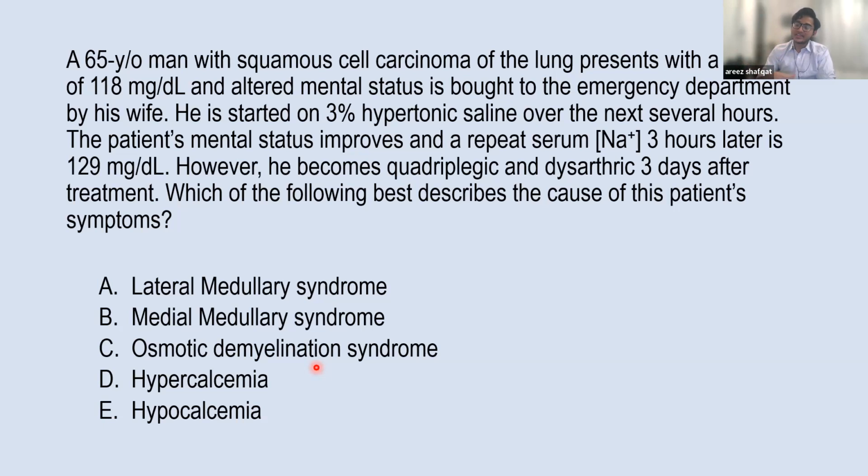If the cell gets dehydrated, that would result in demyelination of the basilar part of the pons. And the basilar part of the pons, which is the anterior part of the pons, contains all those descending corticospinal fibers, the corticobulbar fibers, and the corticopontine fibers as well. So the guy becomes quadriplegic.